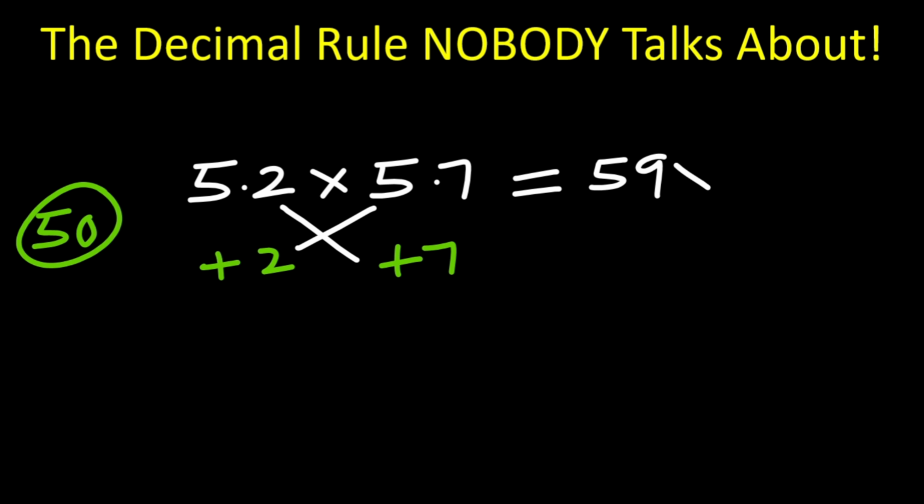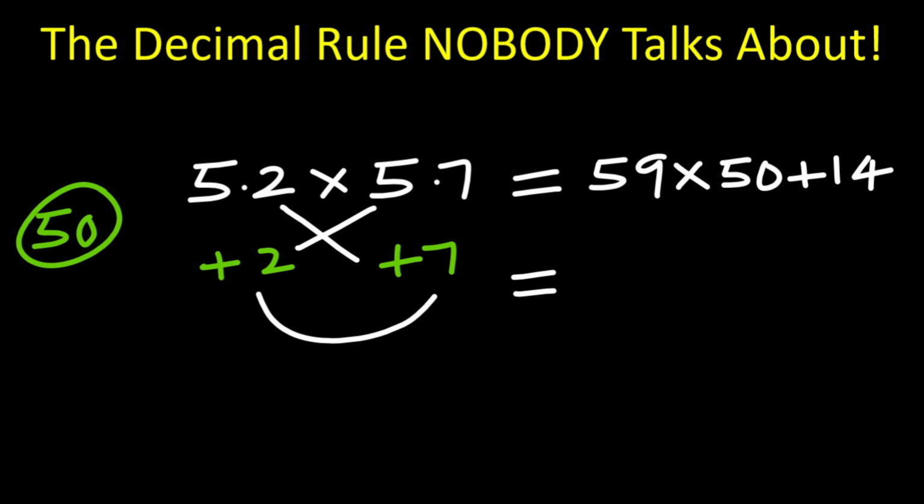And now you're going to multiply this by the reference number, which is 50 here. Again, now you're going to multiply these two numbers. Plus 2 times plus 7, that's going to be plus 14. All right. Now we simplify this. As you can see, 59 times 50, as it ends with 0, you can still add a 0 at the end.